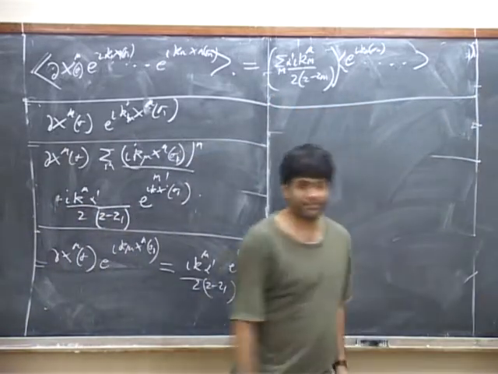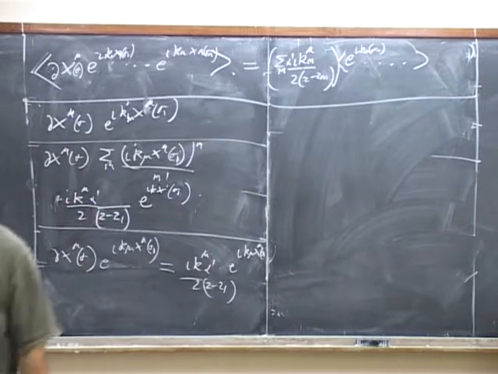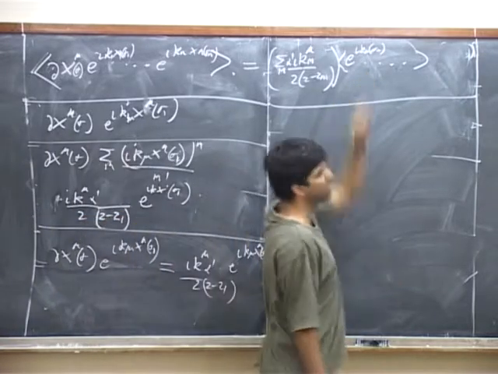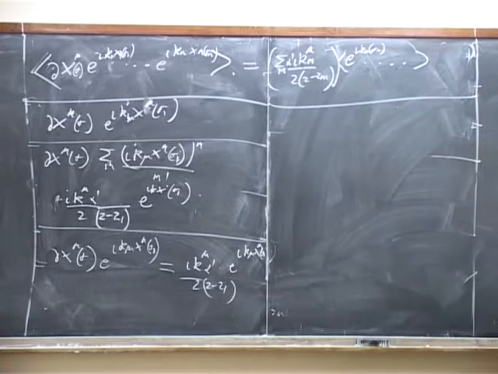Now how do we proceed? What I want to do is turn this equation into a differential equation for this correlation function.